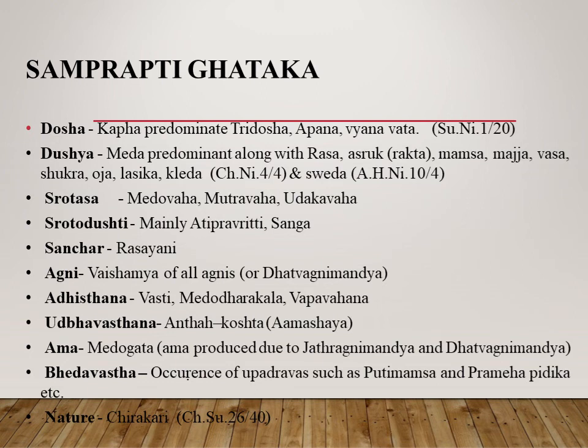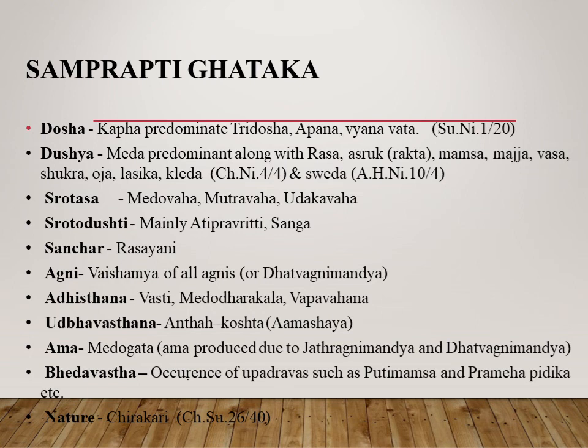Dushya is Med predominant along with Ras, Rakta, Mamsa, Vasa, Shukra, Oj, Lasika, Kled and Swed. Srotas: Medovah Srotas, Mutravaha Srotas, Udakvaha Srotas are involved. Srotodushti is of Atipravritti and Sang type. Sanchar is Rasayani.